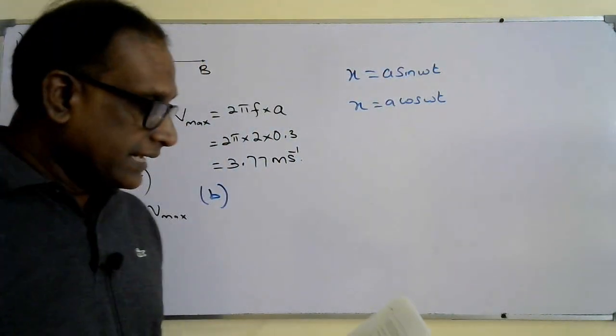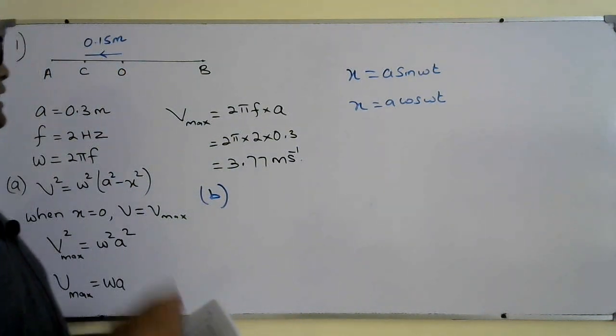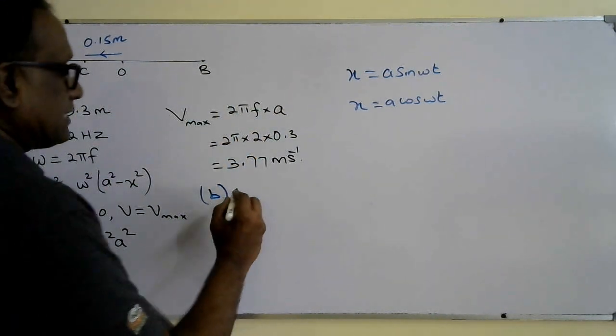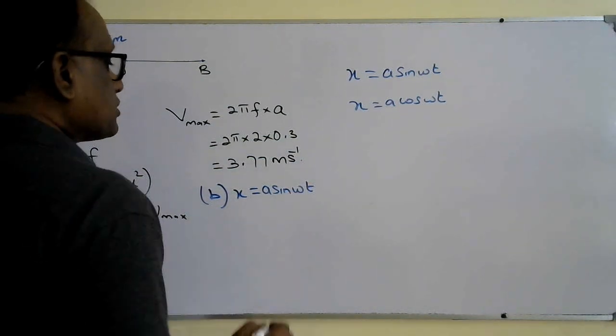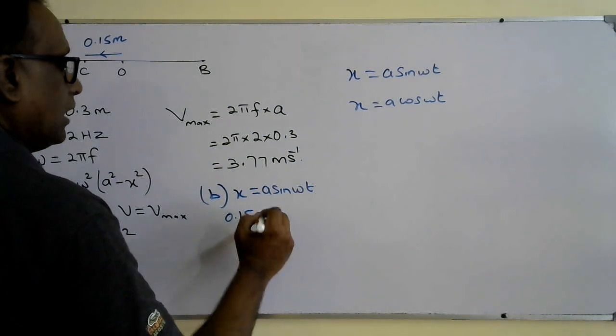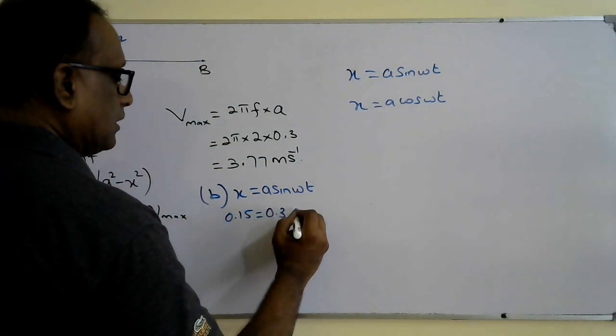So here the question is, find the time taken by P to move directly from O to C. Even if it were C to O, the same equation applies. So I'm going to use x equal a sine omega t. Here x is 0.15, and the amplitude we know is 0.3.